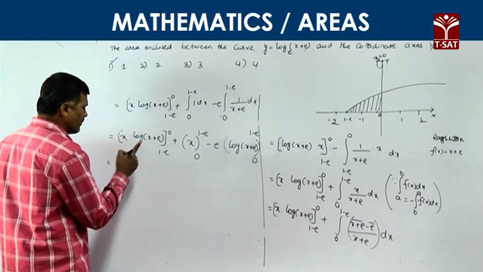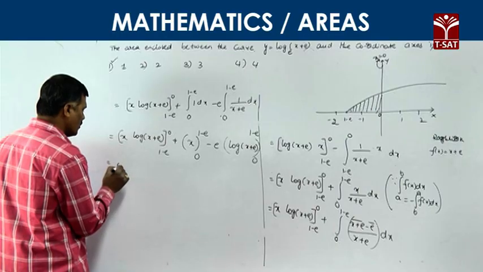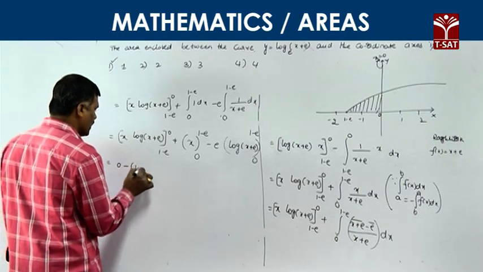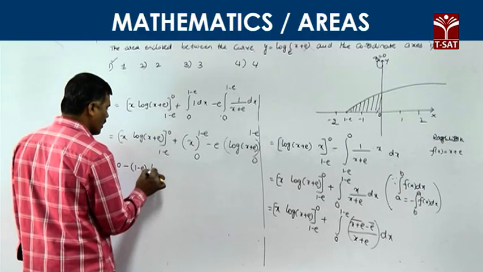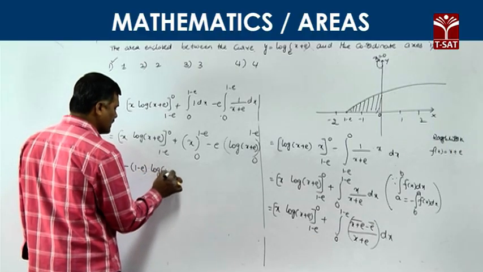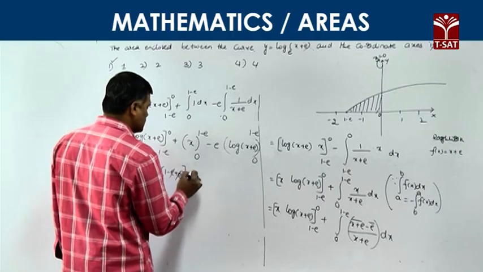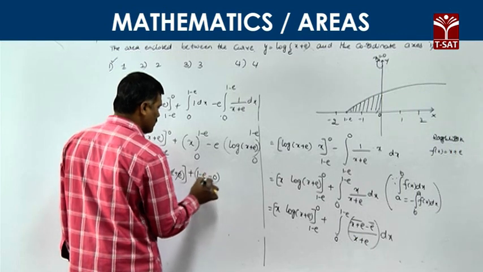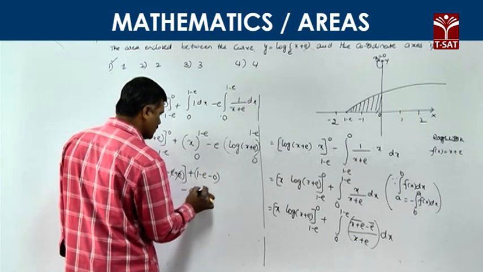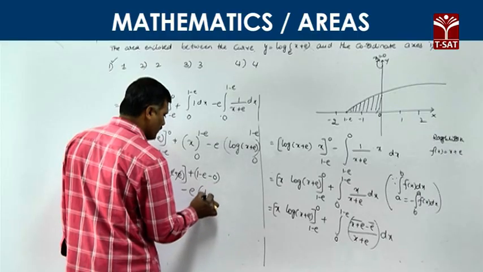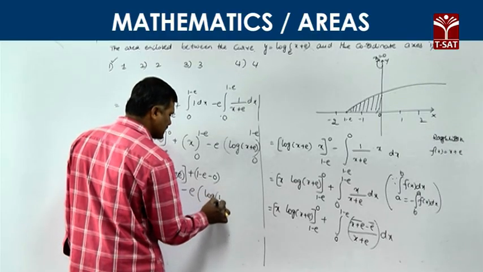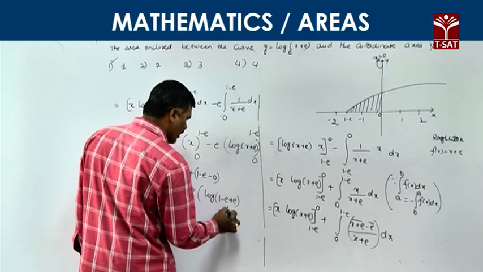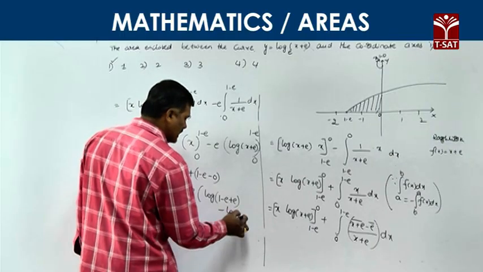Now applying upper limit minus lower limit: 0 into anything is 0, minus lower limit 1 minus e into log of 1 minus e plus e, plus upper limit 1 minus e minus lower limit 0, minus e into upper limit log of x plus e, that is 1 minus e plus e, minus log of 0 plus e, log e.